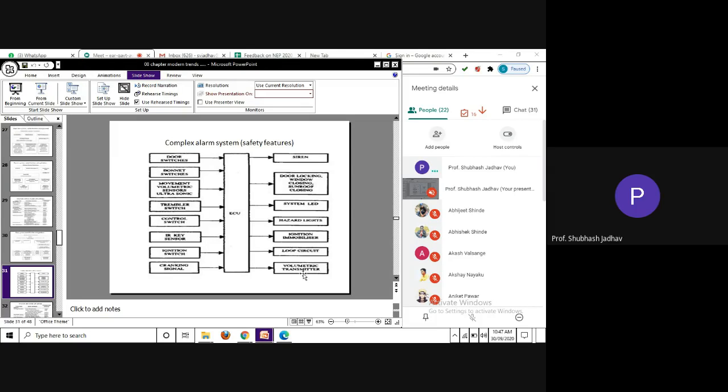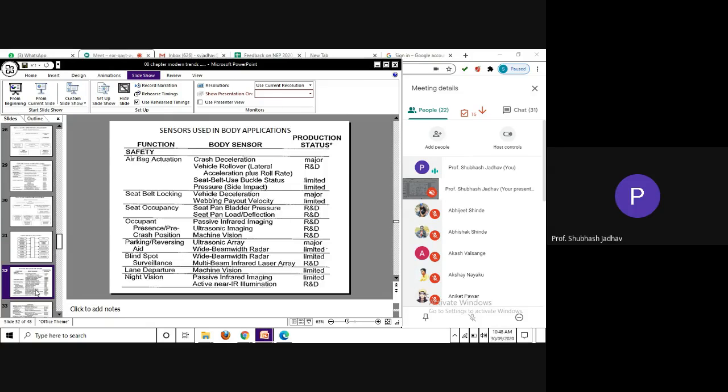So many warning systems are there, and they need to be operated, and they need to have some sensors. So for example, if your IR key is not put properly, then it will give some signal. Like this, there are so many safety related systems, and they will require sensors and actuators.